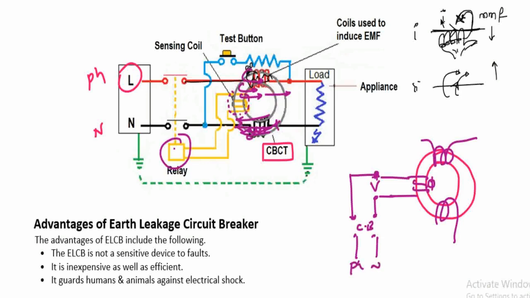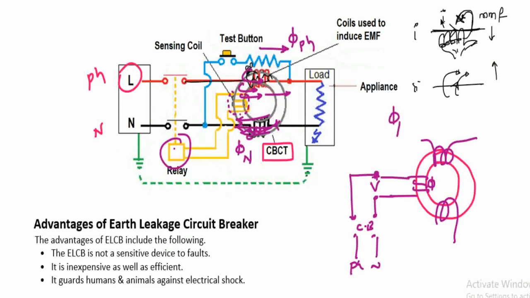Generally, without any fault, the current through the phase will cause some MMF in the core in the rightward direction. Let us say it is phi p, and in the neutral it will have the opposite direction of current, so that will have an MMF of phi n.